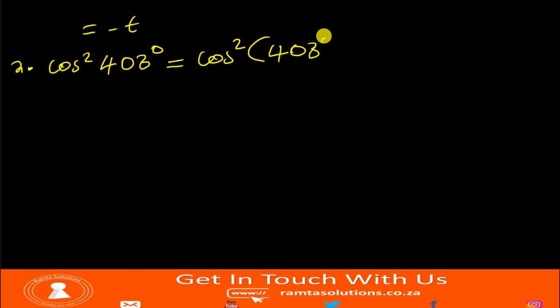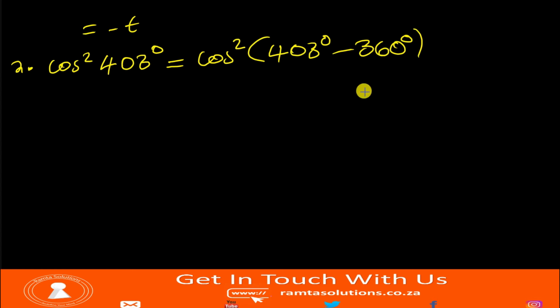Moving on. Number 2. It says we have cos squared 403 degrees. What I said to you was, when a number is greater than 360, minus multiples of 360 from it. 403 is on the second revolution, so it will be minus 360.